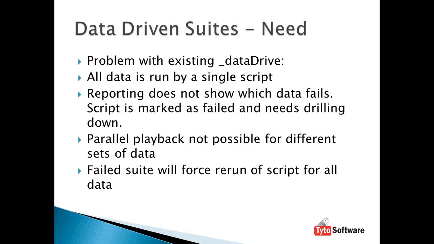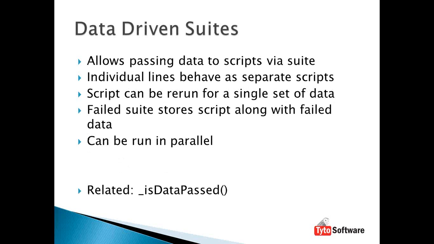So what we have done is we have actually pulled out the data passing ability outside of the script, and we are now allowing suites to pass the data to the script themselves. Now, what this allows us to do is the same script can be repeated multiple times in a suite, and alongside each one of these scripts, different sets of data can be passed.